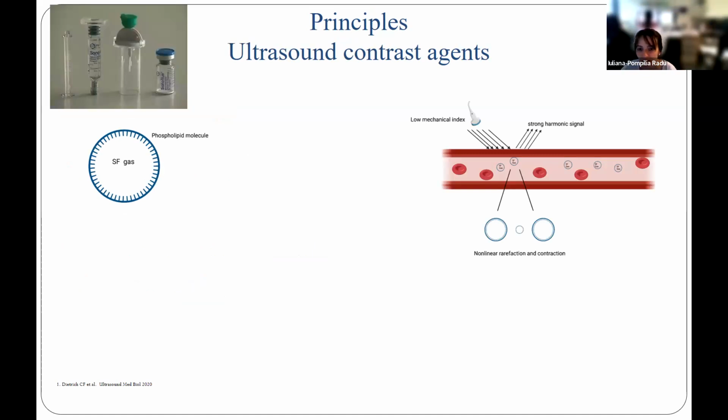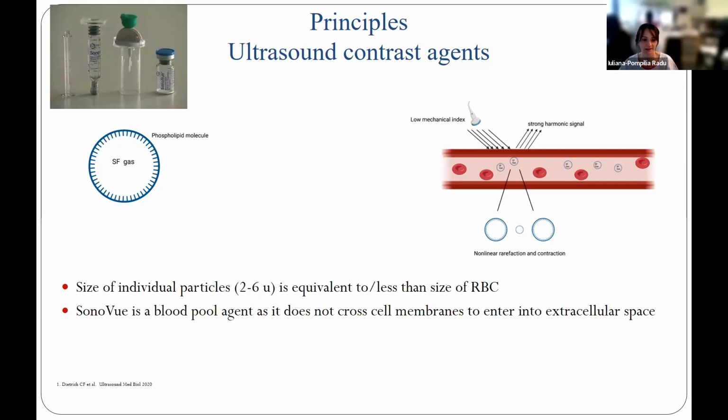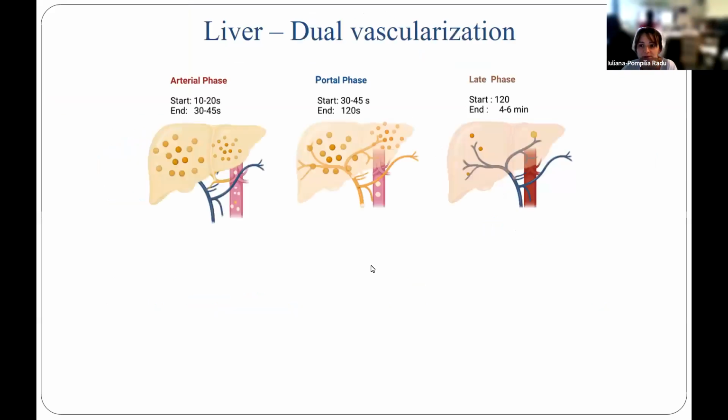The tissue is decreasing in intensity, and we see much more the vessel. The size of the SonoVue bubbles is 2 to 6 micrometers. And what is very important for us to know is that SonoVue is a blood pool agent and doesn't cross the membranes to enter in the extracellular space.